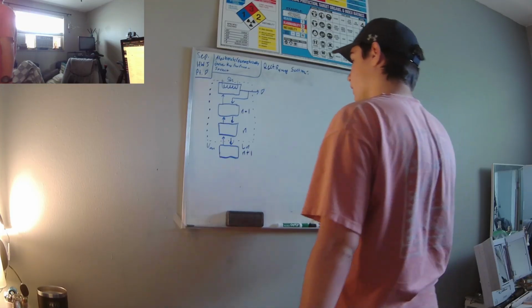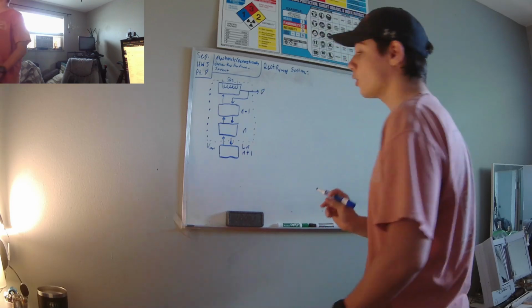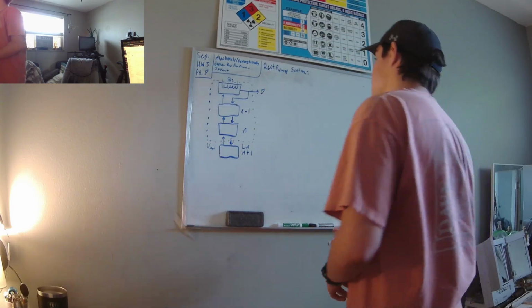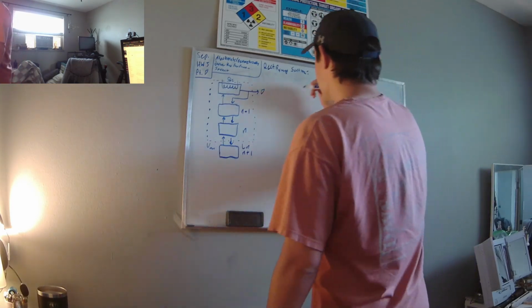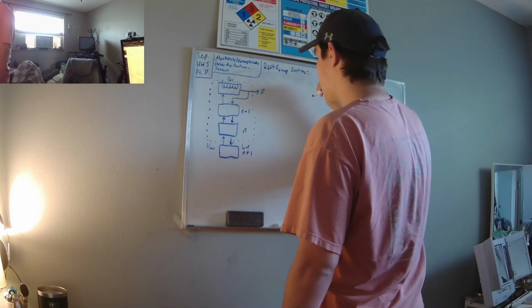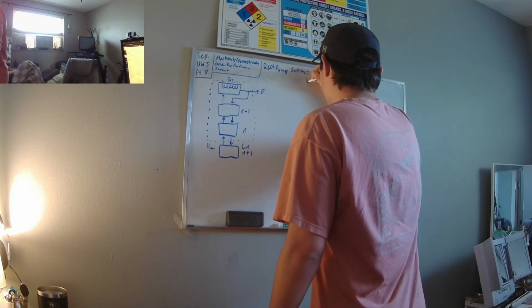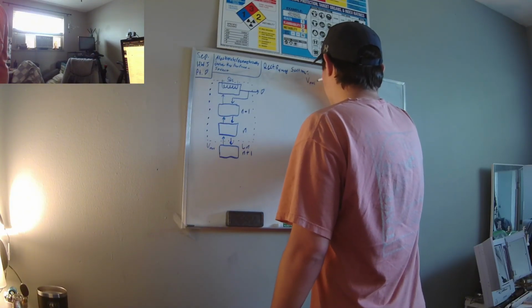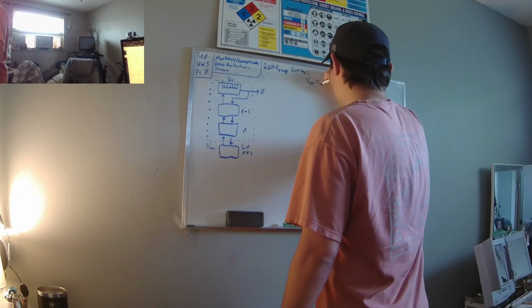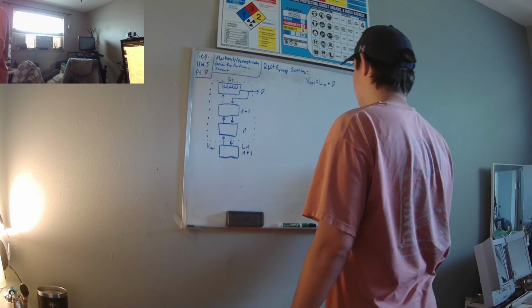And then we've got our distillate flow coming out, our D. And that's all we have for our material balance. And like we've done in several previous videos, we're going to go ahead and write out our overall material balance, which is that our Vn+1 is going to equal our Ln plus our D.